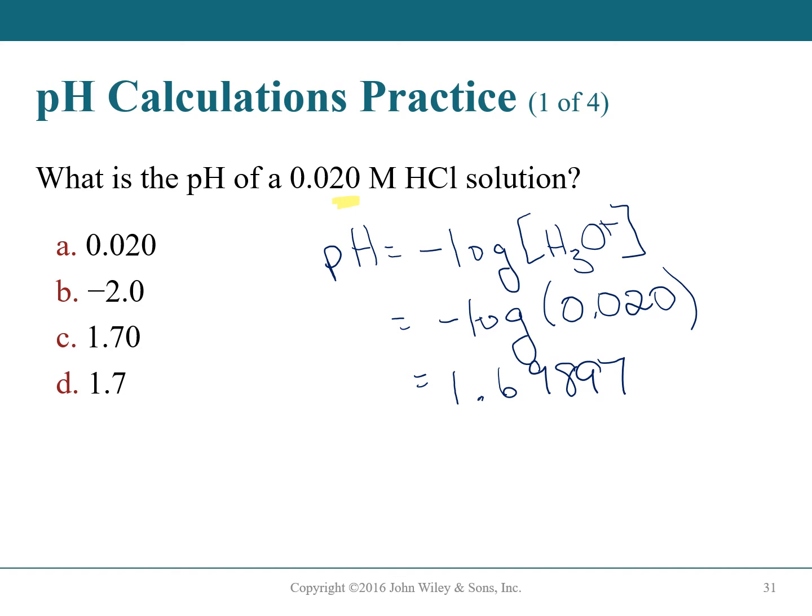Now we have to figure out the number of significant figures. This is two significant figures, so we look after the decimal point and we have two significant figures there. So this is going to be equal to 1.70. That's a significant 0 here. So 1.70.